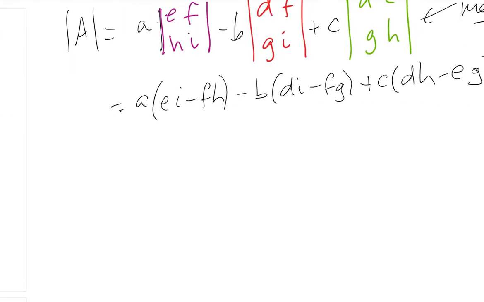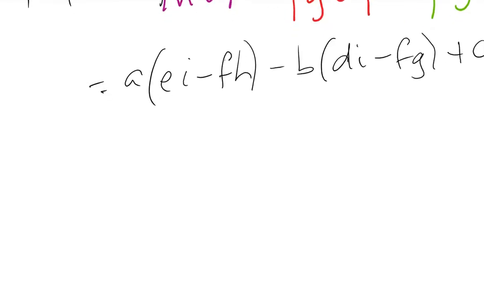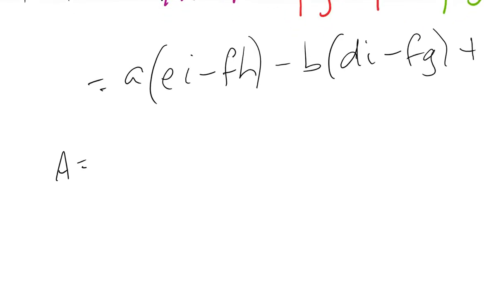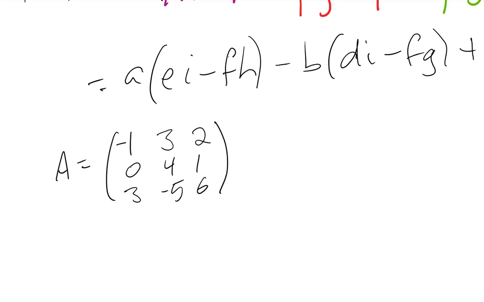Right, okay, so suppose we got A, and A is, let's do numbers: 1, let's make it -1, 3, 2, 0, 4, 1, 3, -5, and 6. All right.